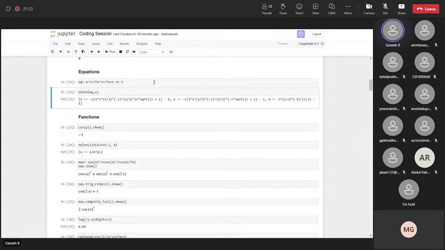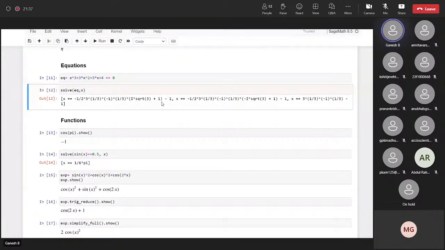Another thing: with most software, for example if you run code in Python to find the roots, you'll generally get your roots as floating point numbers. Here it keeps the root as a symbol. It uses square root 3 and so on. Normal languages do not do that; if you do it in a normal Python script, it will not do this. SymPy does this, and it's very useful to see what the roots are. It shows you I square root 3 plus 1. It's very easy to visualize and work with.